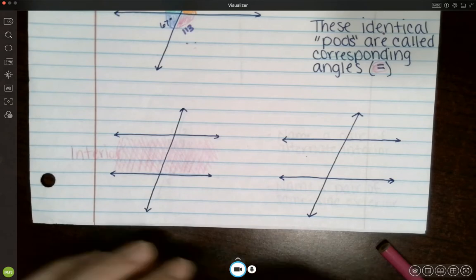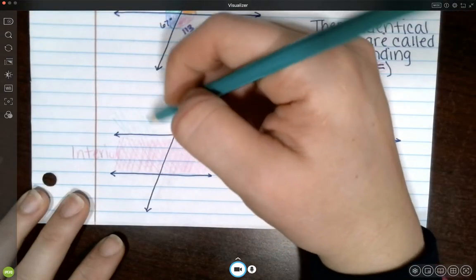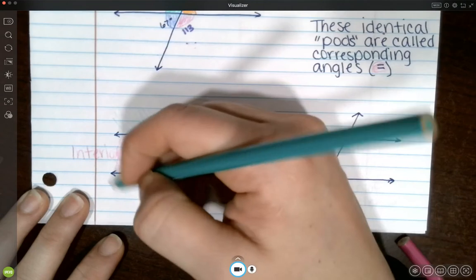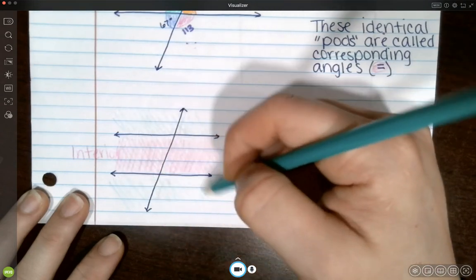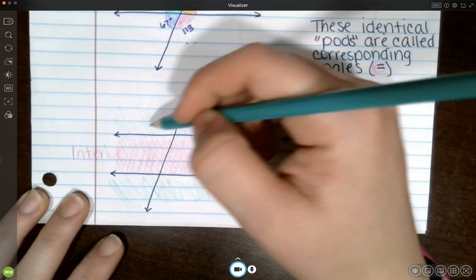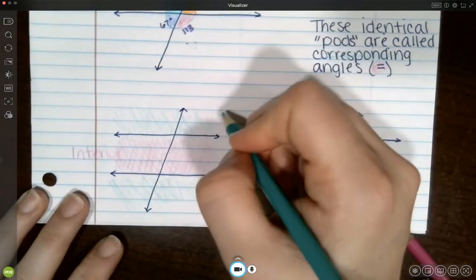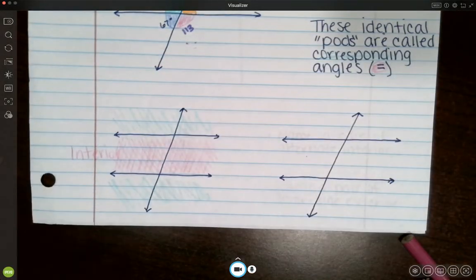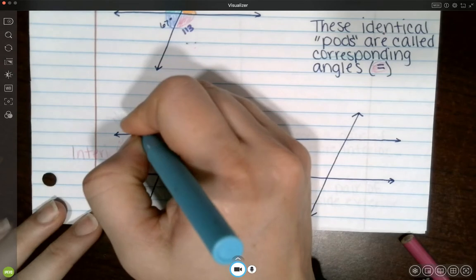The exterior is the space outside of the parallel lines. Exterior is the space on the outside.